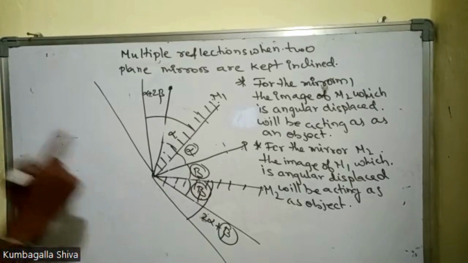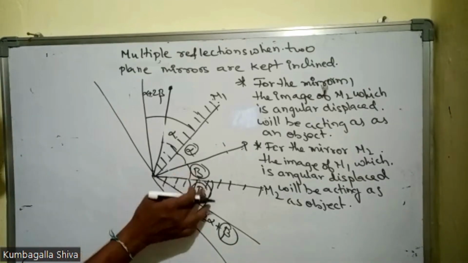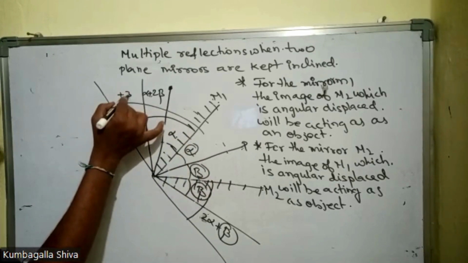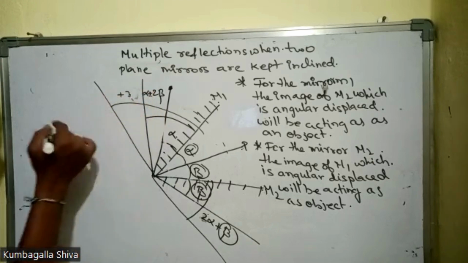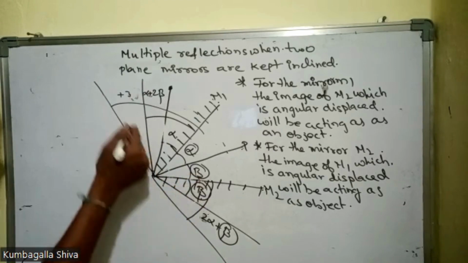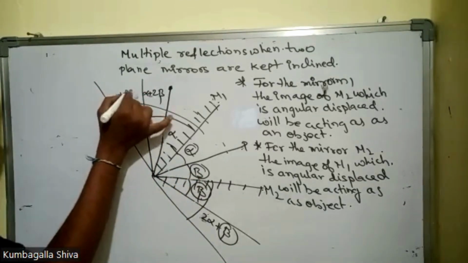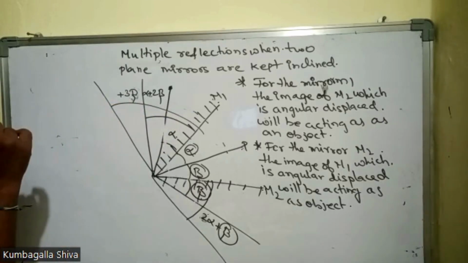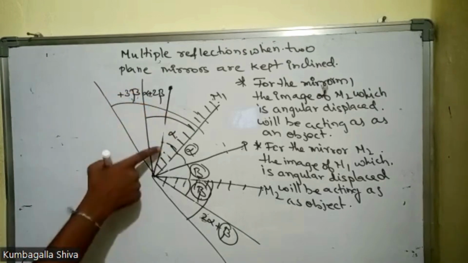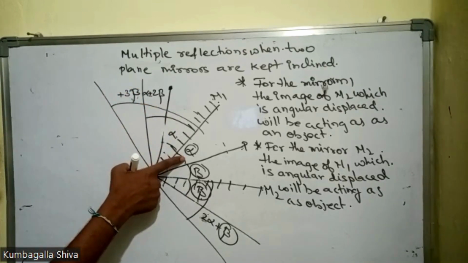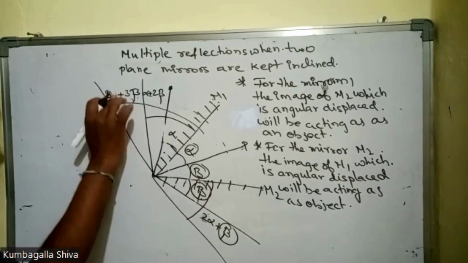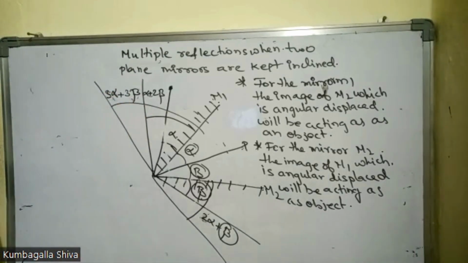So how many betas are you having? One, two, three. 3 betas from the mirror. That is 3 beta. Now alpha plus 2 alpha, that is 3 alpha. So 3 alpha plus 3 beta.